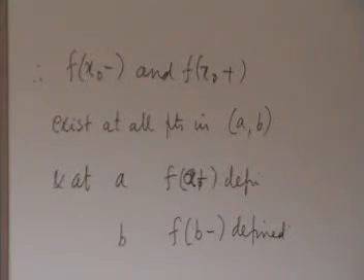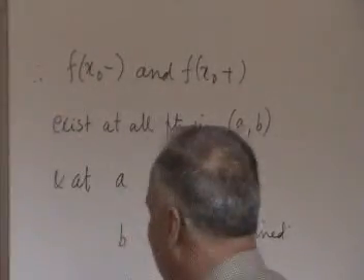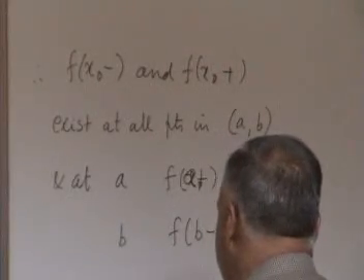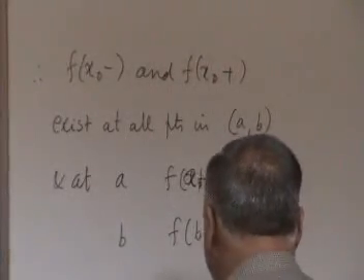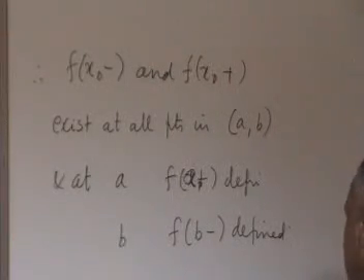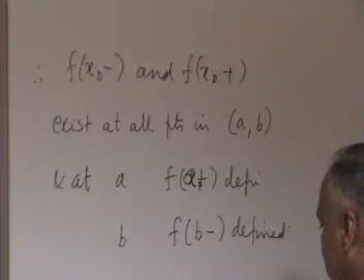And what can I say about the left hand limits? I am coming from this side, right hand limits are coming from that side, all those values are greater than all these values, so the right hand limit will always be bigger than the left hand limit. So this is again clear: f x naught minus is less than or equal to f x naught is less than or equal to f x naught plus for every x naught.